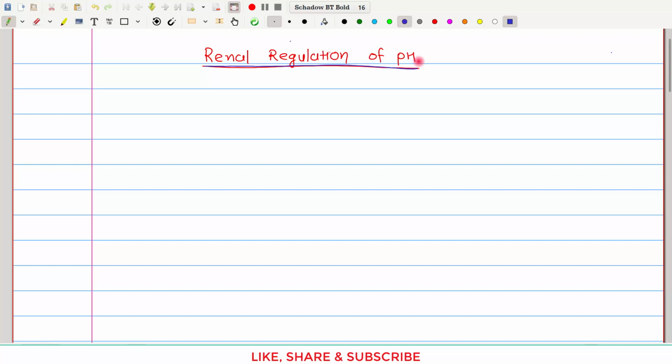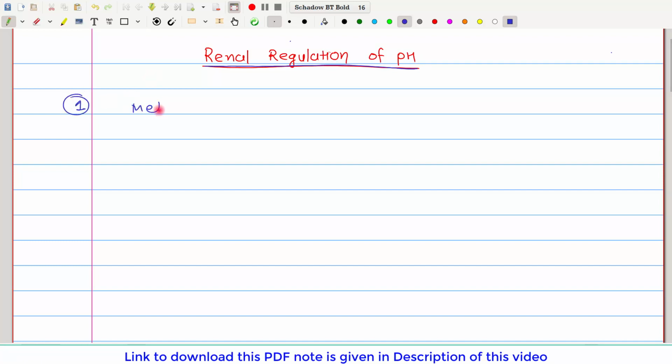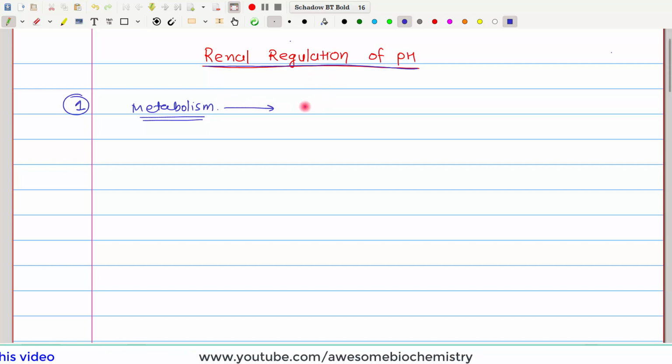So let's first try to understand what role the kidney should play in relation to acid-base balance. So first, I will talk about metabolism. In our body, many different metabolic processes are occurring simultaneously. Some of these metabolic processes generate acids and some generate alkalis.